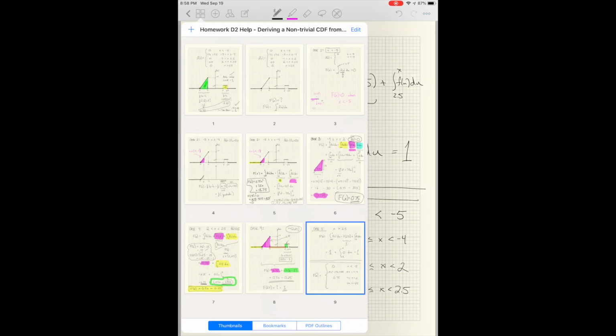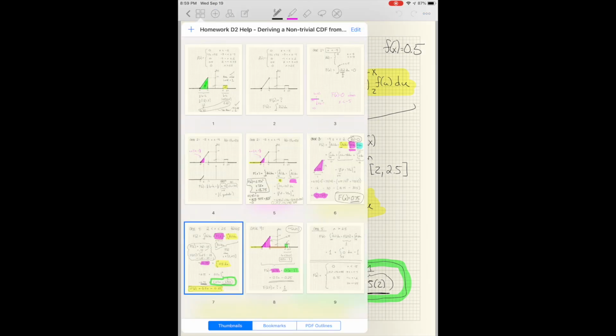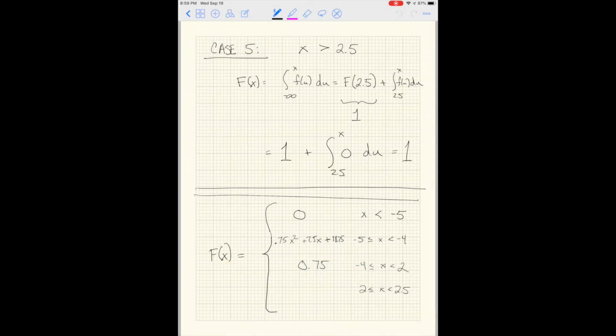And so that was case 4, right here, and it's equal to 0.5x minus 0.25. And then finally, for x greater than or equal to 2.5, that's case 5, which is right on this page, and that's just equal to 1.